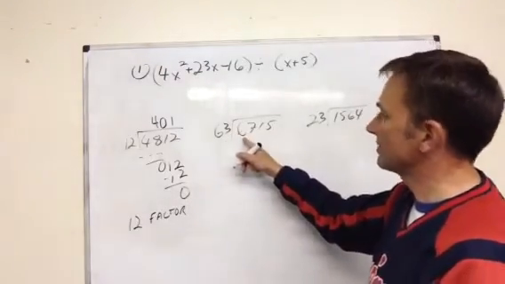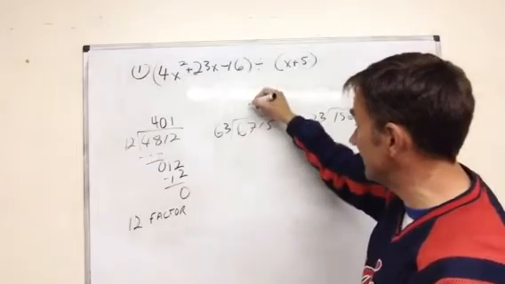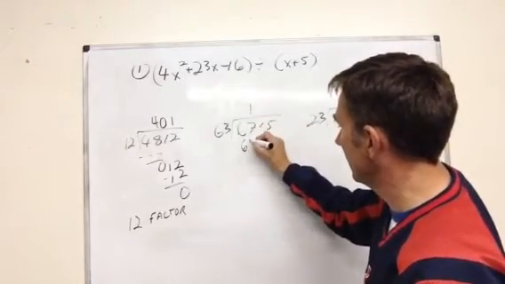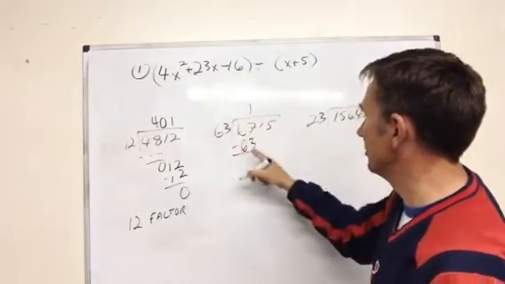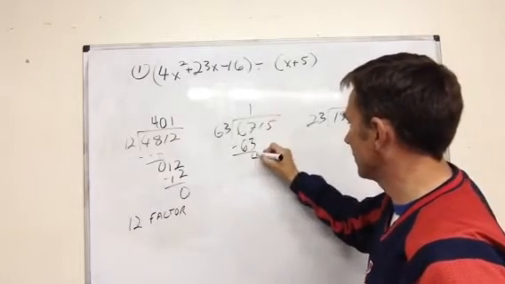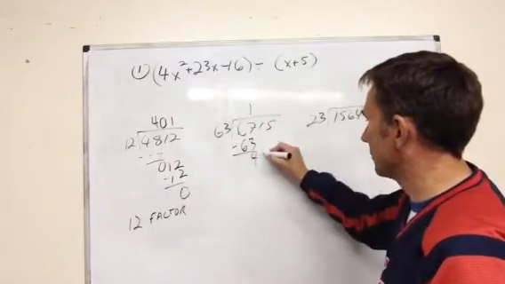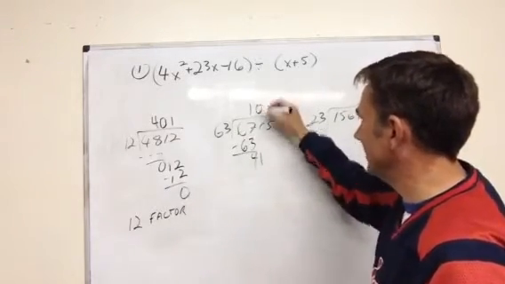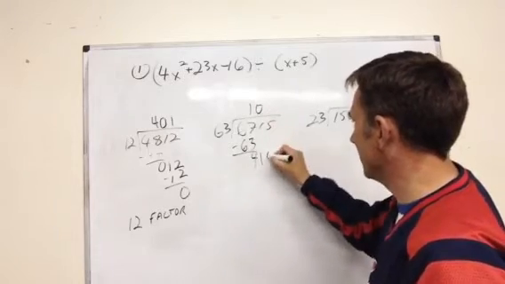Let's look at this problem. Does 63 go into 6? Nope, but it goes into 67 one time. When we multiply, 1 times 63 is 63. Subtract, we're left with 4. Bring down the 1. 63 can't go into that one. Bring down the 5.